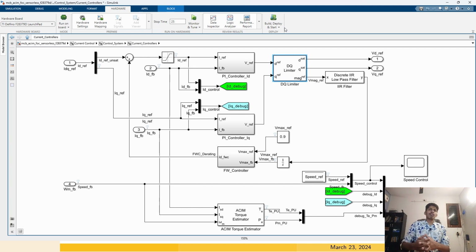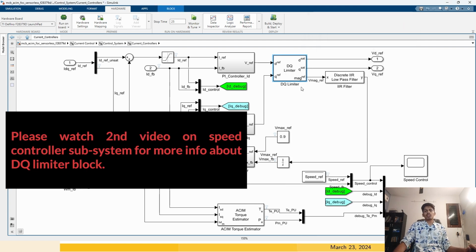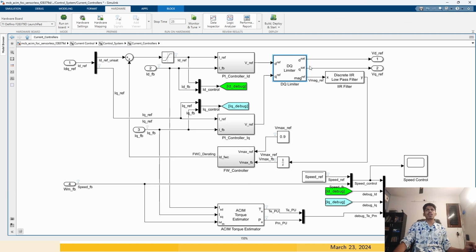If it is excessively high, you cannot just simply clamp the voltage to whatever maximum value you can produce, as it will not preserve the phase relationship, that is the angle relationship between the direct axis and quadrature axis components. So we'll use a direct axis and quadrature axis limiter. Please watch that video for a more detailed look at what this block is doing.